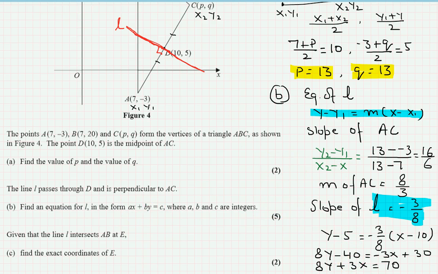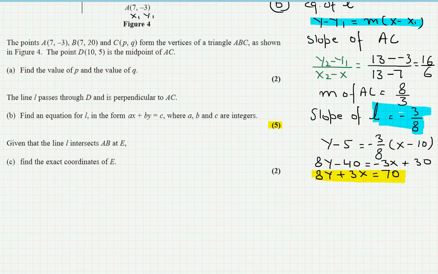So that is the equation of line L1. Given that line AB intersected, this is this part. This is the 5 marks. Now let's move to the part C.